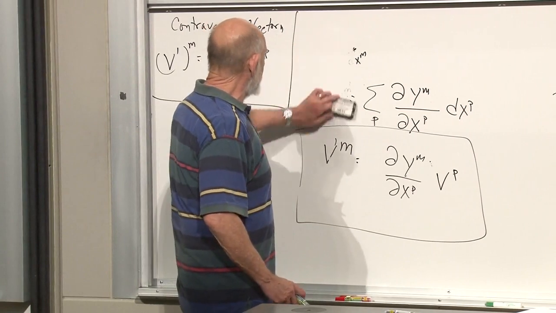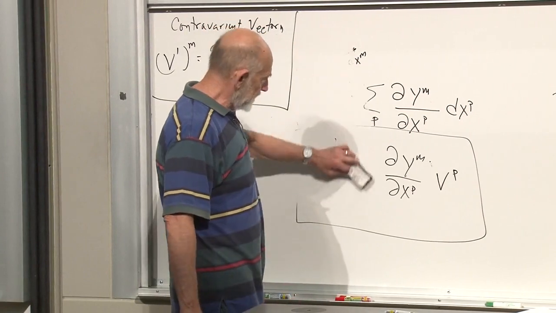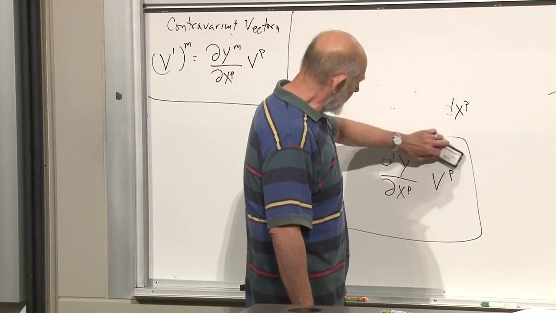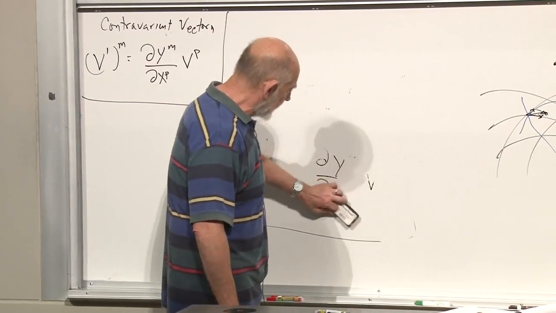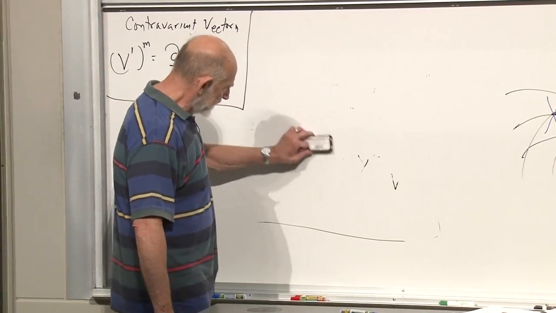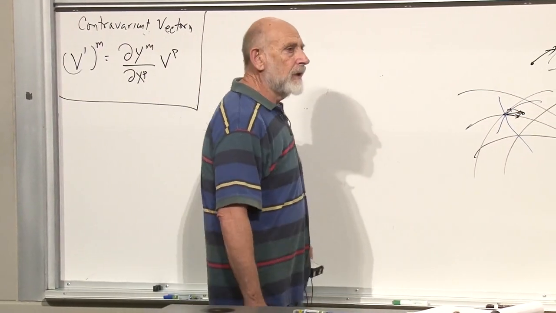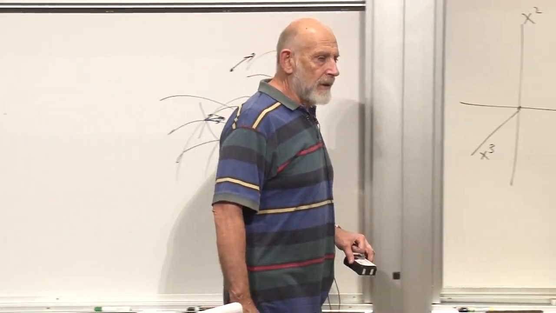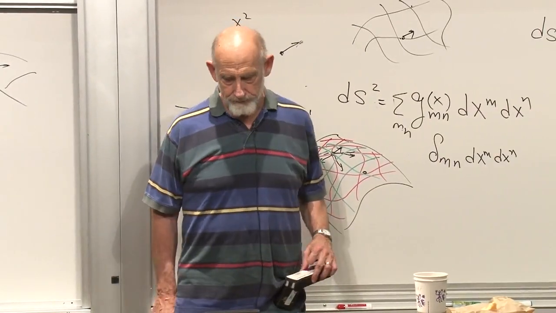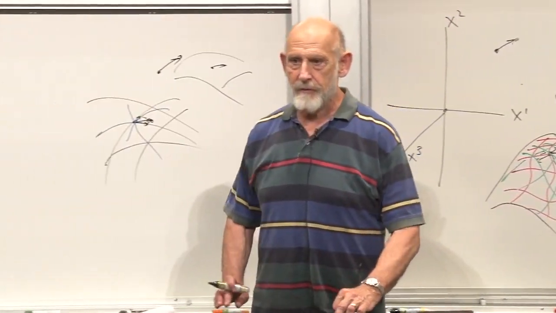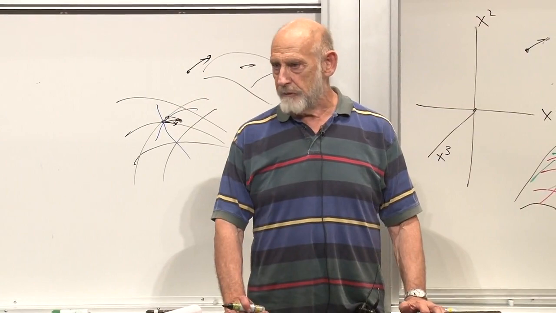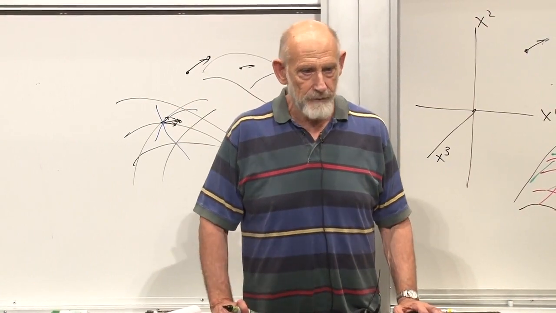Now let's talk about covariant vectors. Another creature, completely different. The gradient. If you have a function, let's suppose we have a scalar function, a function that doesn't have to be transformed.